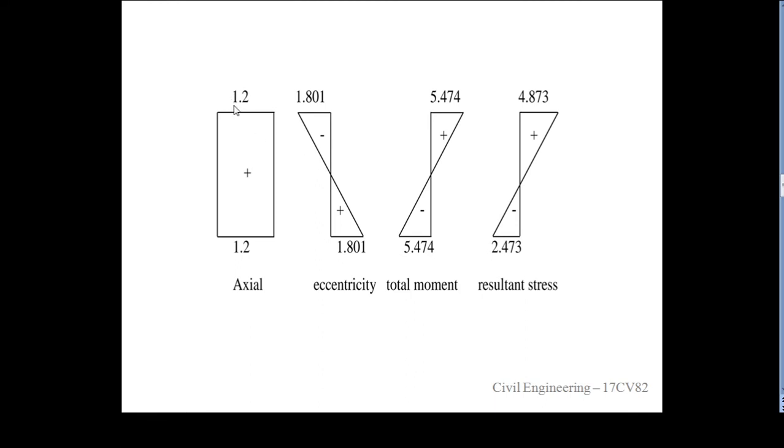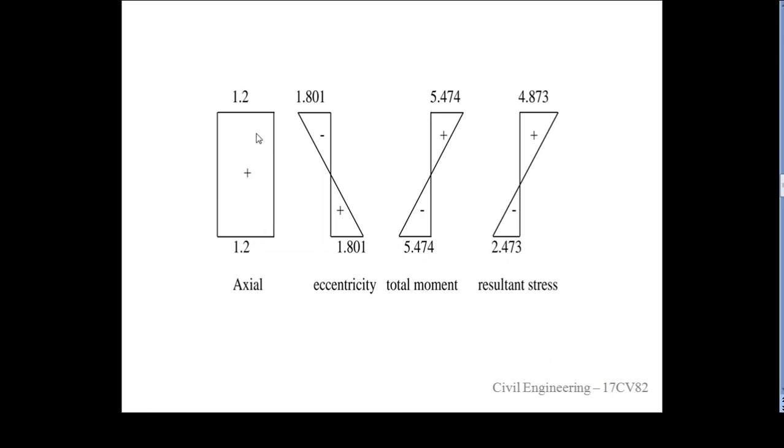The total: 1.2 minus 1.804 plus 5.474 gives 4.873. Then 1.2 plus 1.804 positive, minus 5.473, that is 2.473, it gives negative.